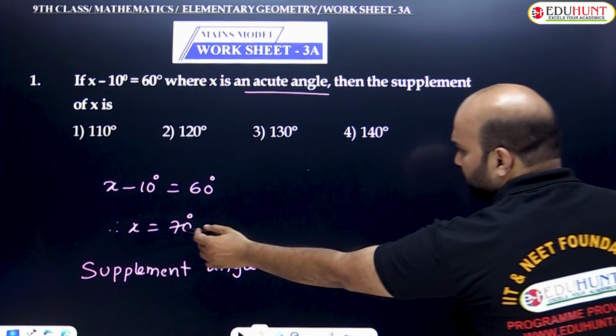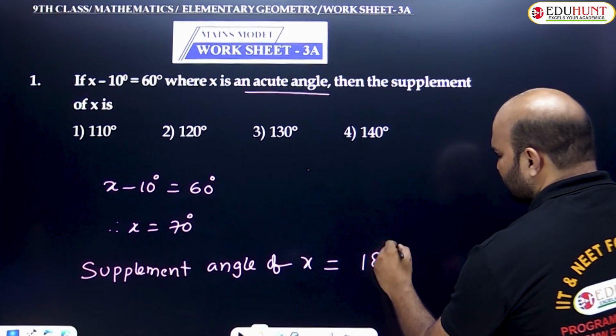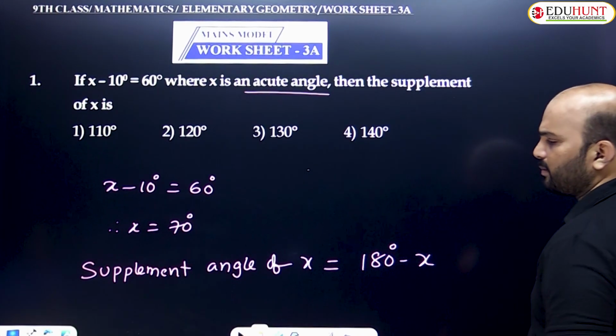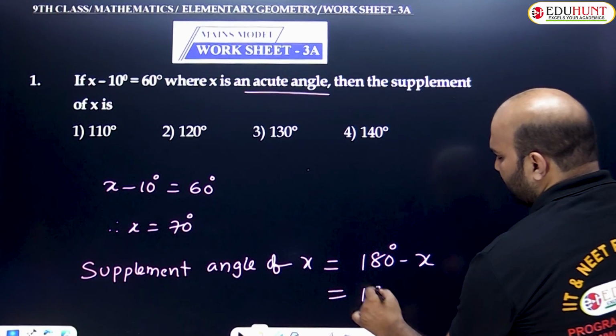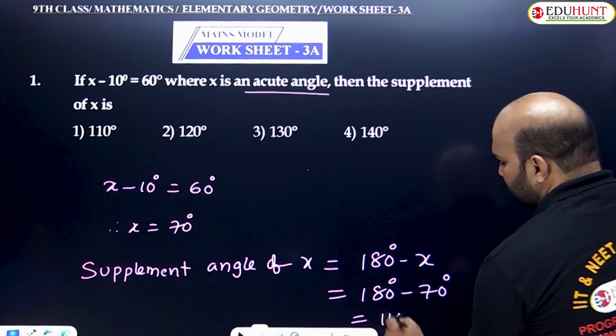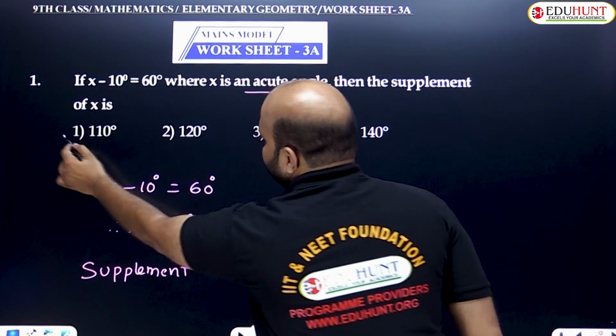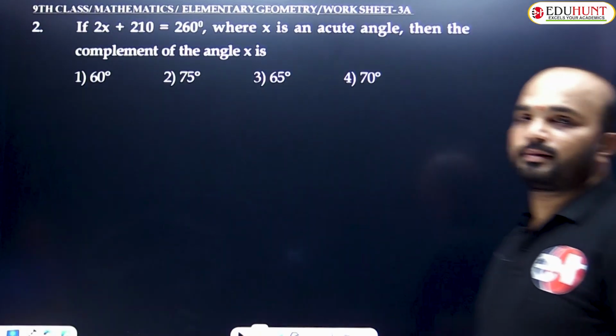So what is the supplementary angle of x? 180 degree minus x, the remaining angle. So 180 degree minus x value 70. What is the required answer? 110. So this is the supplementary angle of x. Option A is the right answer. Am I clear? So let's go to question number 2.